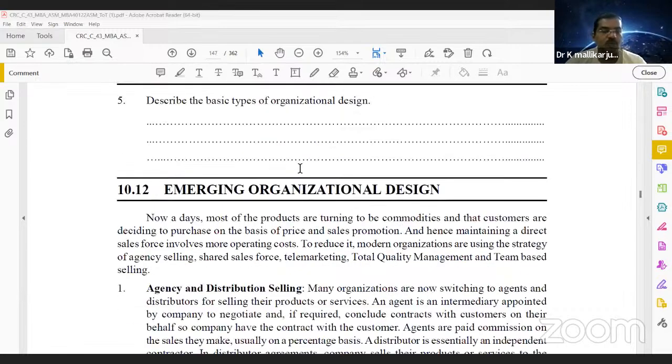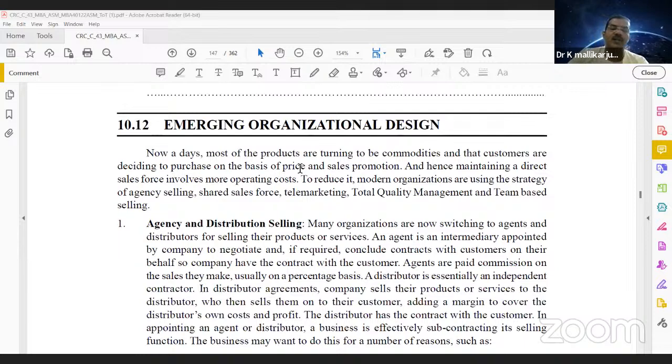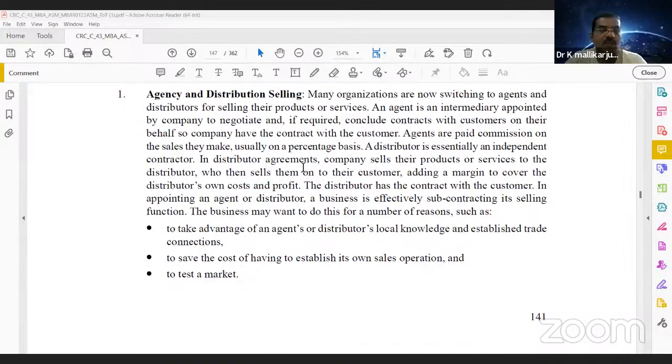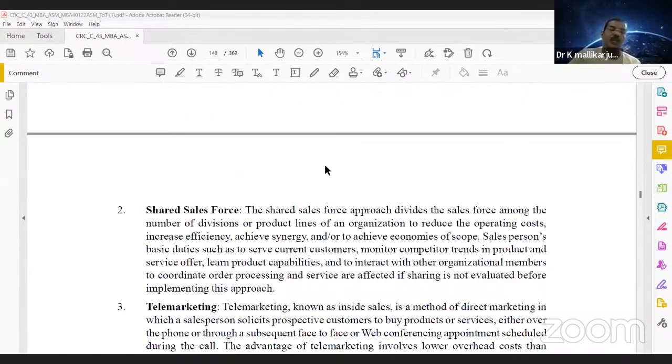So, emerging organizational design: agency and distribution selling. Separate agents are there for taking care of all these activities. Shared sales force approaches divide the sales force among the members of divisions or product lines of an organization to reduce operating cost, increase efficiency, and achieve synergy.